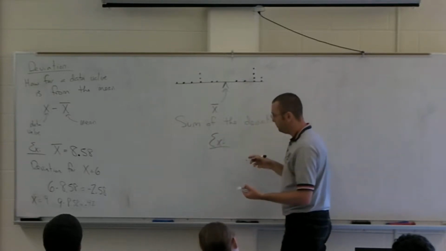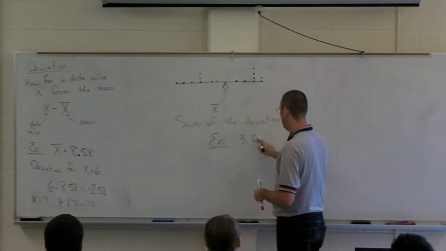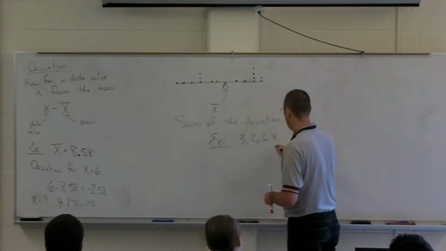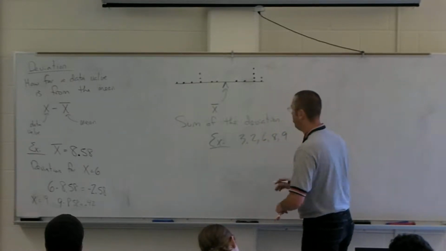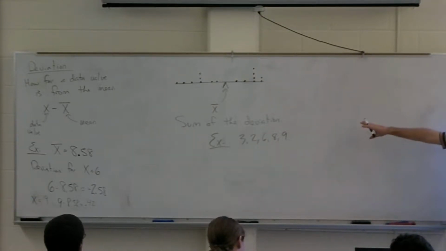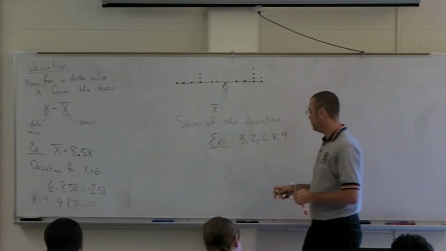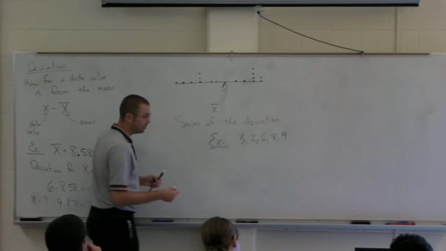Let's have 5 data values: 3, 2, 6, 8, and 9. First thing we're going to do is find the mean of these 5 values. What's the mean? Well, is it 6? Not the median.